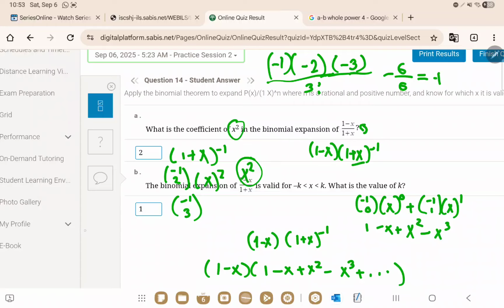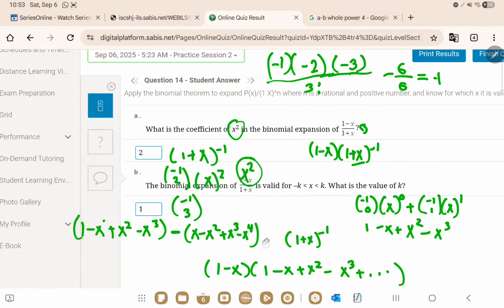So we're just going to do 1 minus x plus x squared minus x cubed, minus, now we distribute the x, so it's x minus x squared plus x cubed minus x power 4.